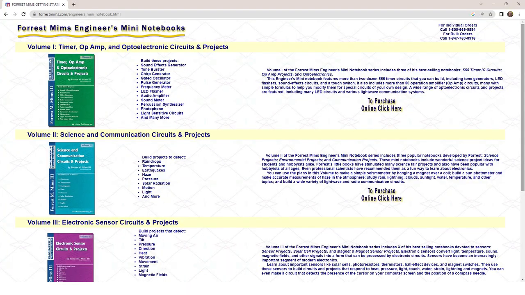If you want to do some playing with electronics, that's a great place to start. Get you some Forrest Mims engineering notebooks or mini notebooks. Radio Shack used to sell them. They're available from Master Publishing. That's how I got to playing with them.